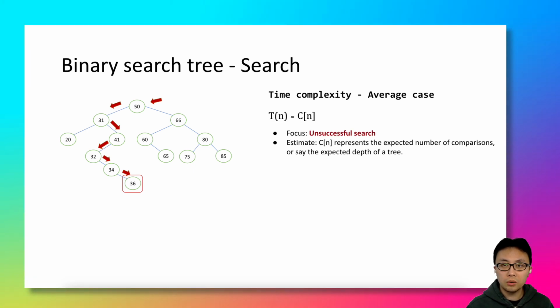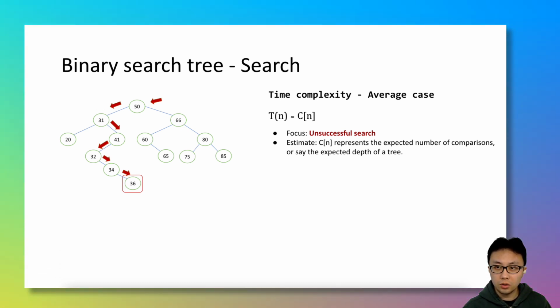The first scenario is unsuccessful search. For an unsuccessful search, we don't need the help from the expected value because an unsuccessful search always ends up checking the last node at the leaf level. Remember our assumption. There are n nodes in total in a binary search tree, and the tree is well-balanced, so the height of the tree is log n.